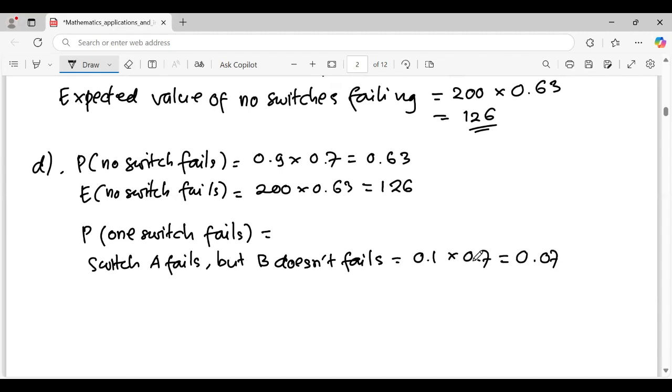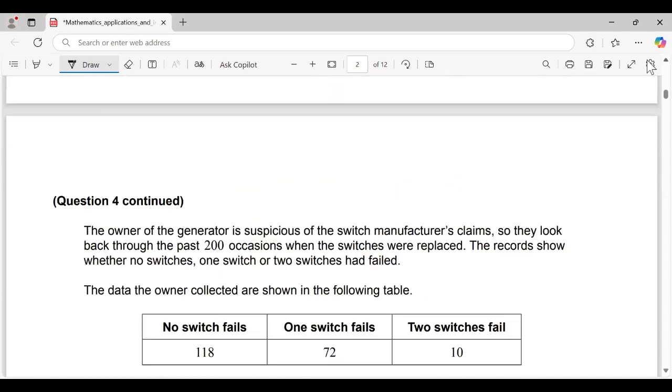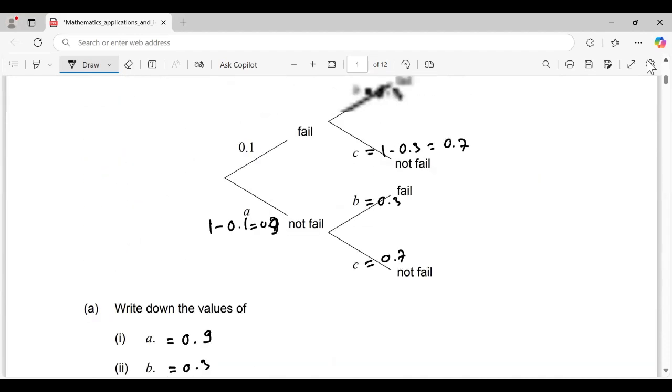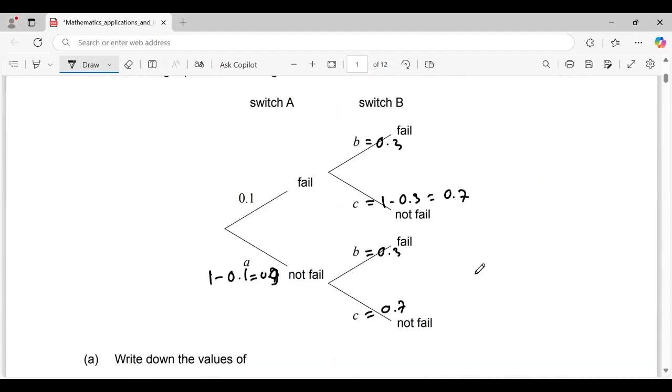You may evaluate the diagram. On this diagram, if not fail, it is 0.9 and 0.7.